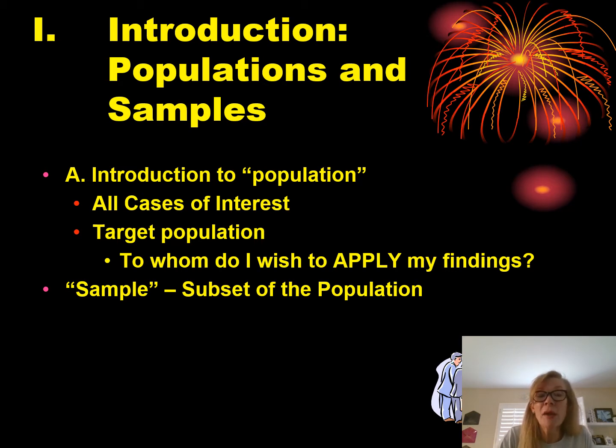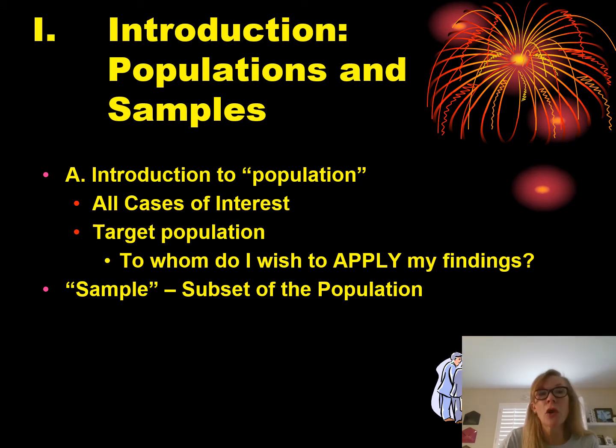Conversely, if my target population is my research method students, then if my sample is comprised of all my currently enrolled research method students, then my sample pretty much overlaps with my target population.